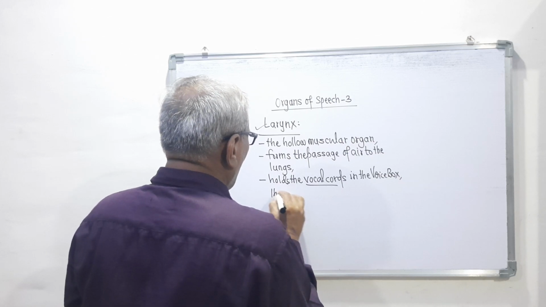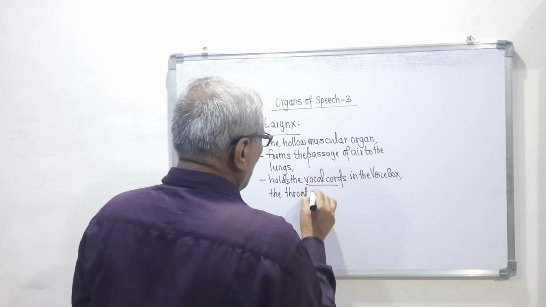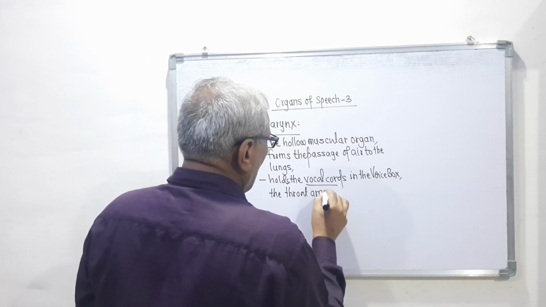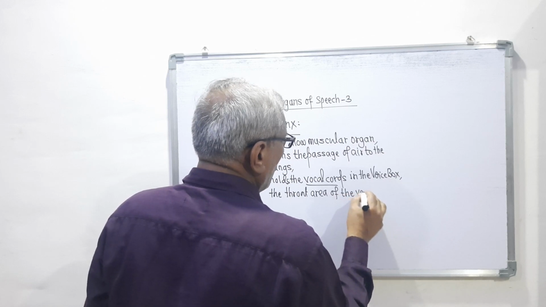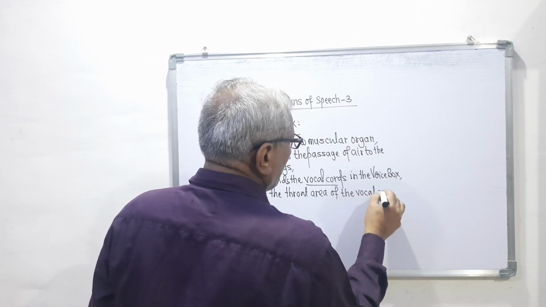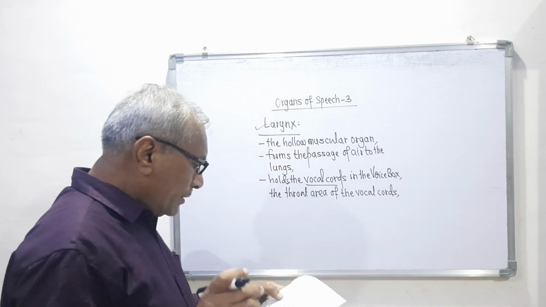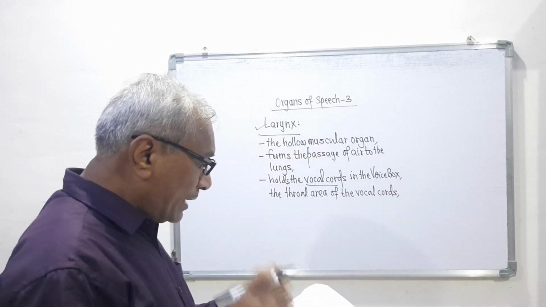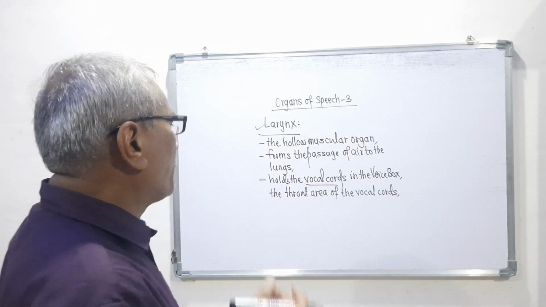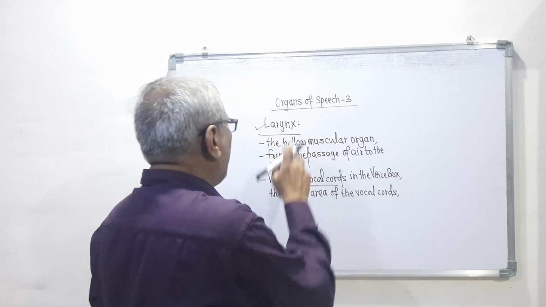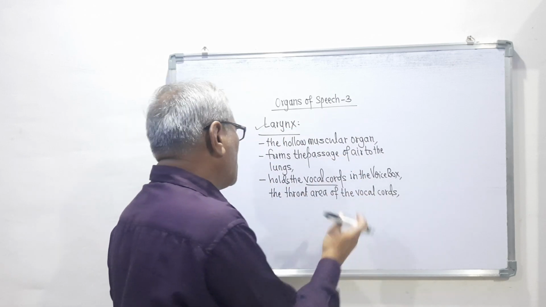The throat area of the vocal cords. Remember, what is the explanation? The larynx catches the vocal cords in the voice box.